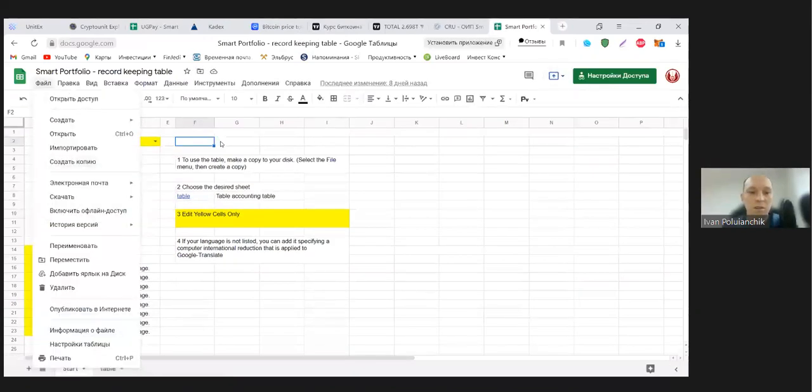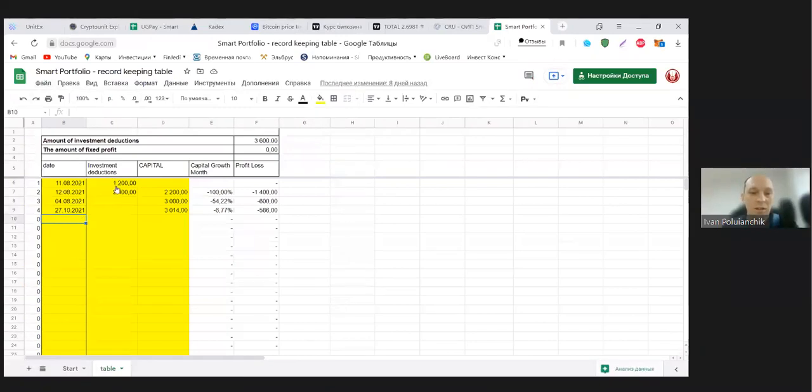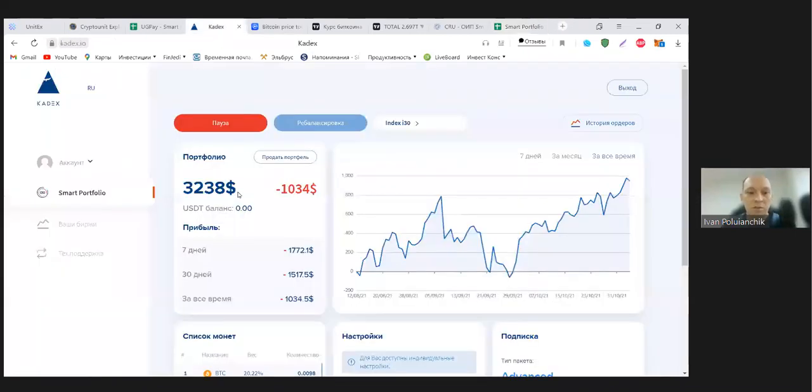Before you use it, go to File, create a copy onto your disk, and this way you may monitor the changes in the portfolio. If a person bought Smart Portfolio in August and topped up 2,400 in its account and would do the same, then on the 4th of November this year, his balance would be 3,237 US dollars.